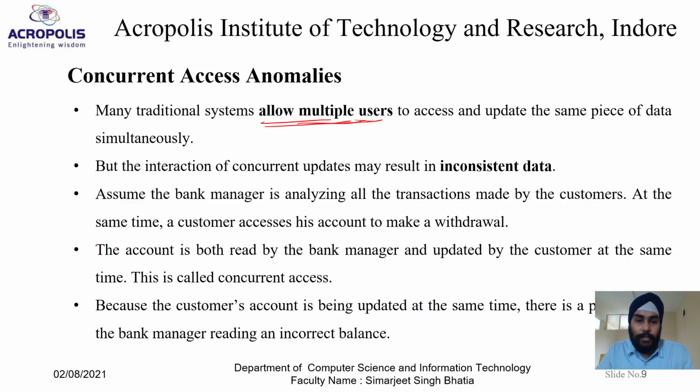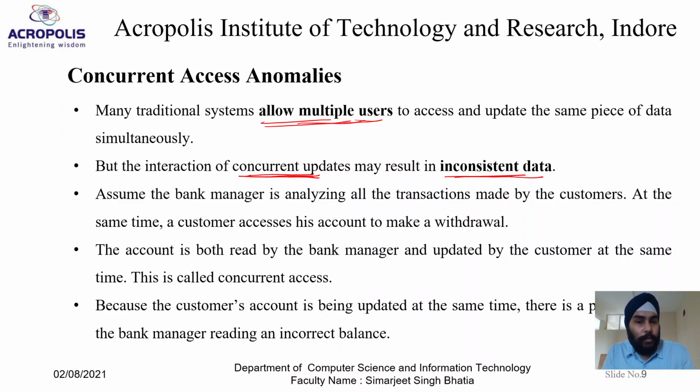Now the problem that arises is that, because those two updates are going on concurrently side by side, it may result in inconsistent data. The data can be inconsistent for a certain period of time. If I am reading my account statement and I have 1 lakh rupees in that account, but at the same moment my mother or my wife is withdrawing a certain amount from the ATM or performing a transaction on the UPI app, I might see that my balance is the same.